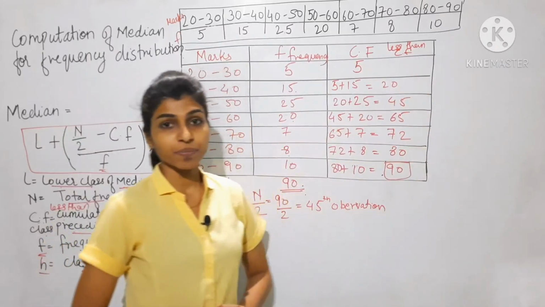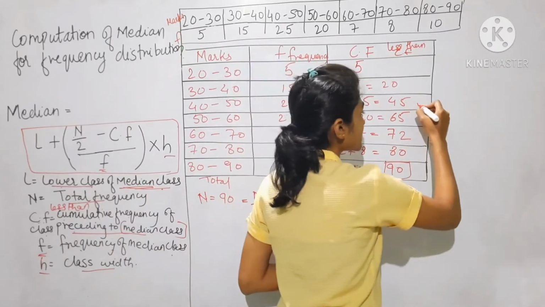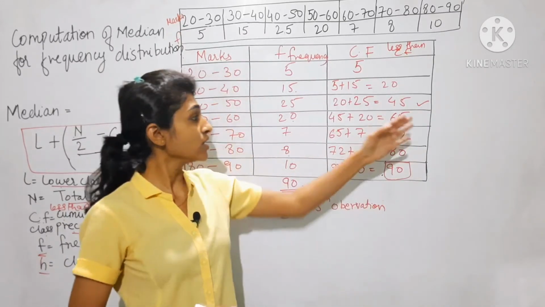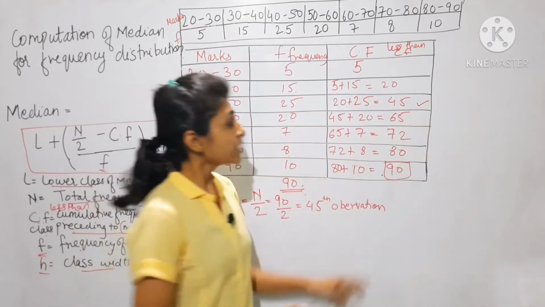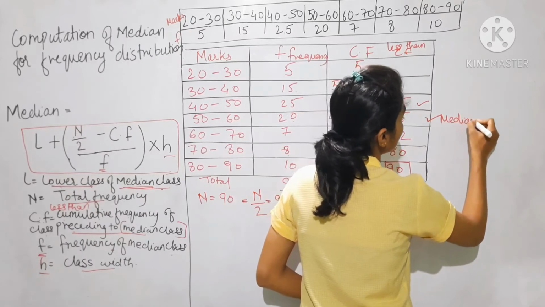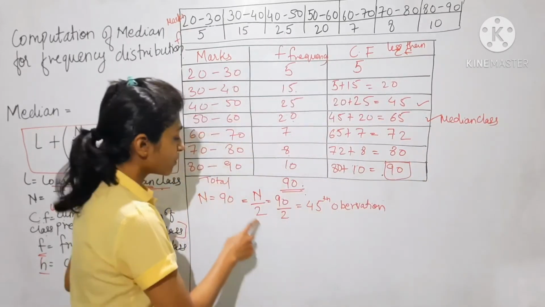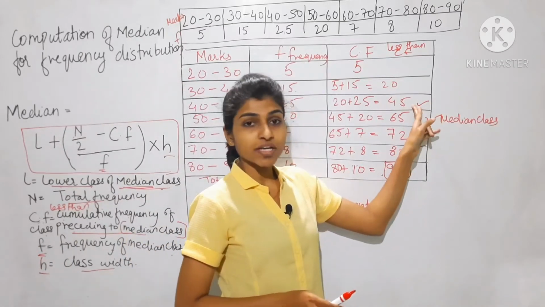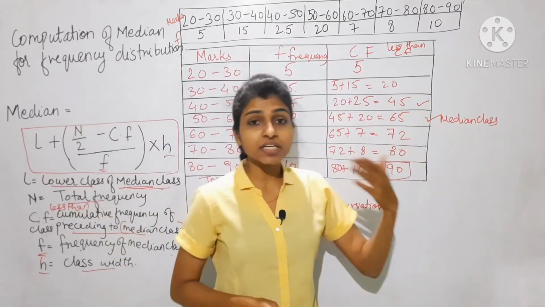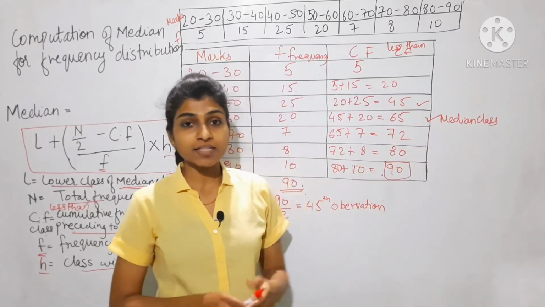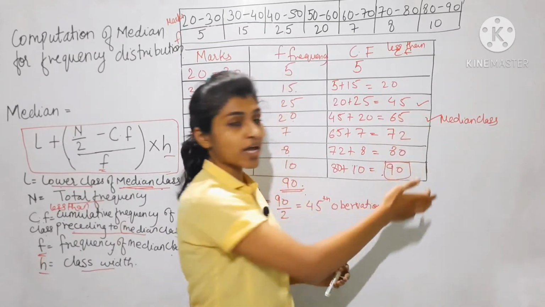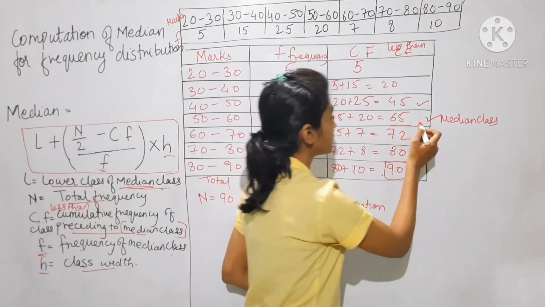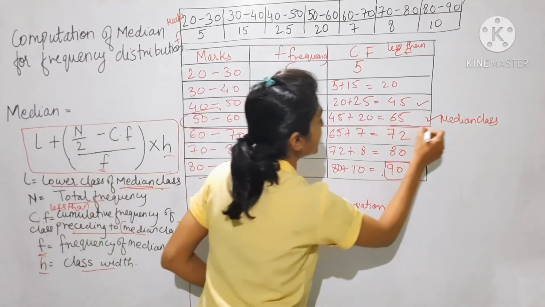So now 45 observation in this cumulative frequency. Find where is 45. Just the class which is greater than 45 will be the median class, which is the next observation after 45. So n upon 2, 90 upon 2, we got 45 as the observation, and after 45 the greater number is 65. So this whole class will be the median class.